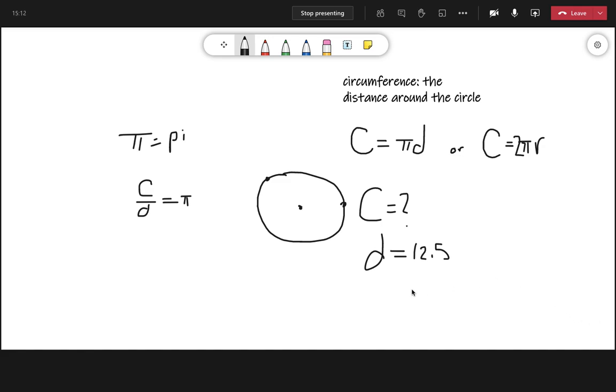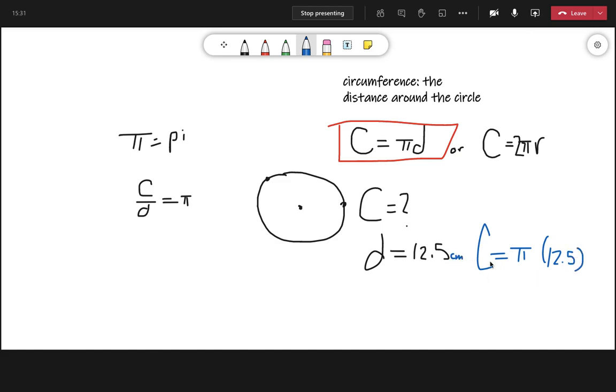So the diameter is 12.5, and we know circumference is pi times the diameter. So we're going to do C is equal to pi times our diameter, or 12.5 centimeters. So the C is going to equal 12.5 pi centimeters.